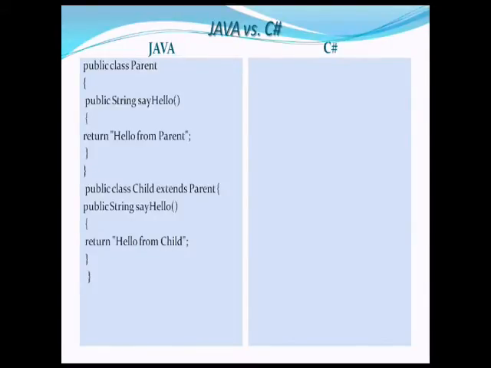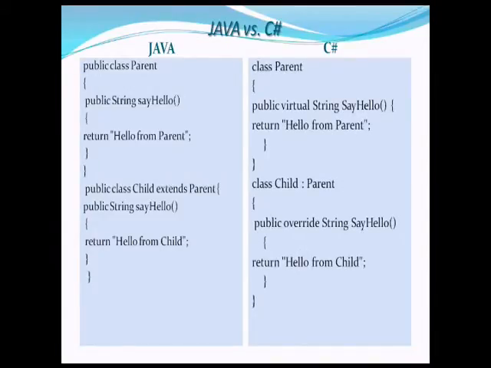So to have the same behavior as Java, C# code has to look like this. If the virtual and override are omitted, then it is the parent's method that is executed when the child object is declared as parent.